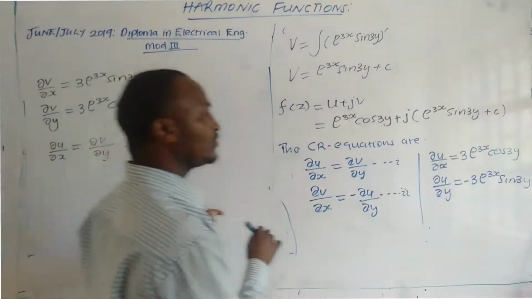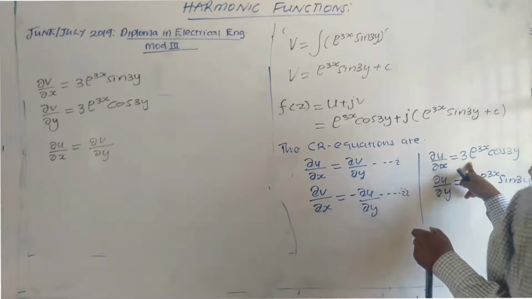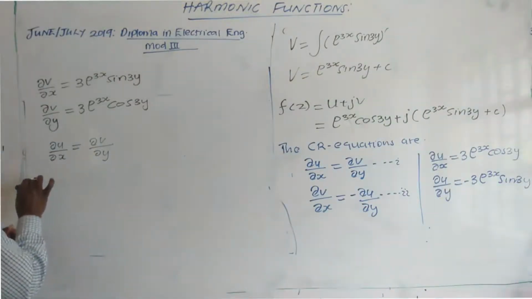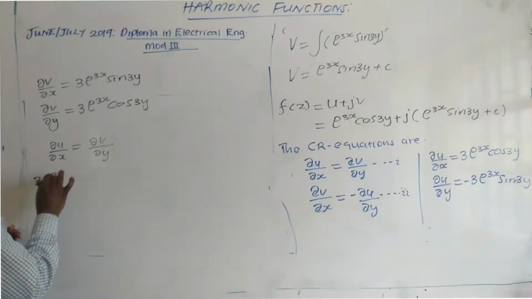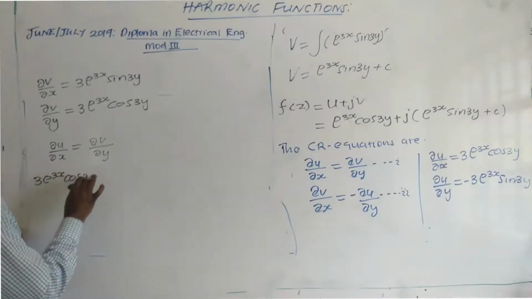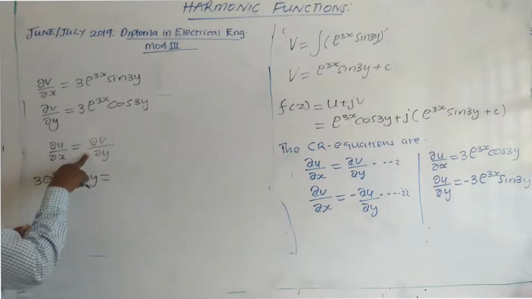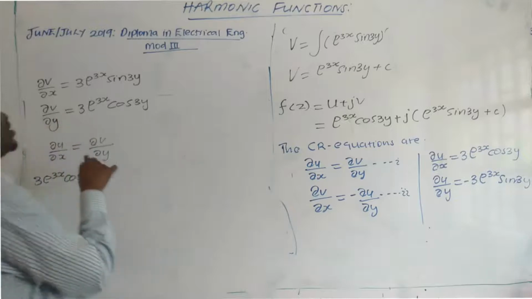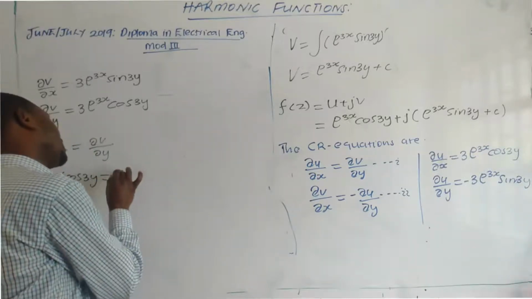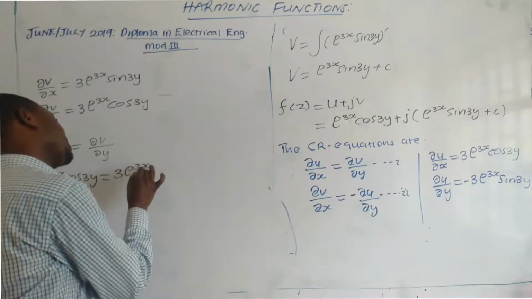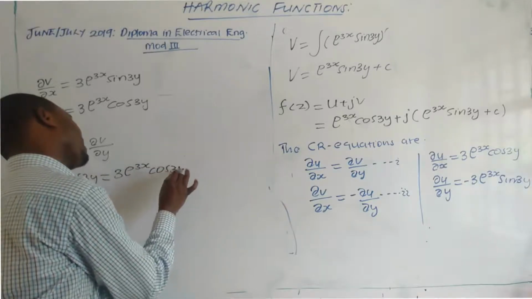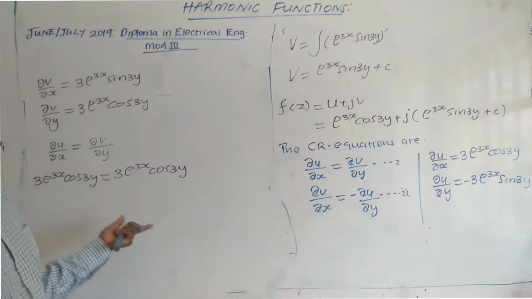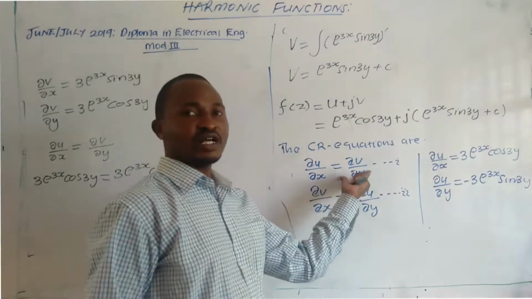Partial derivative of u with respect to x is 3 exponential 3x cos 3y, and it must be equal to partial derivative of v with respect to y, which is 3 exponential 3x cosine of 3y. They are equal, and the first Cauchy-Riemann equation has been satisfied.